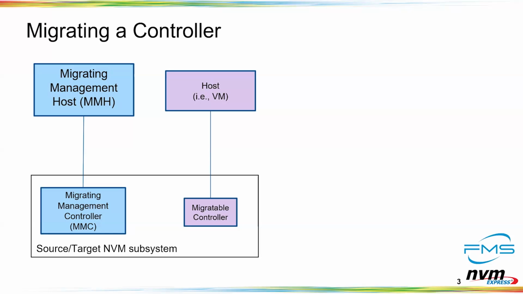The blue ones are where the management commands that I'm going to be talking about get sent, for the host that's managing the migration. What we're migrating is the migratable controller connected to a VM, which I'm identifying in purple. I will talk about either the source NVM subsystem or the target NVM subsystem as I go along, and I just wanted to make sure that you understand the format of this.